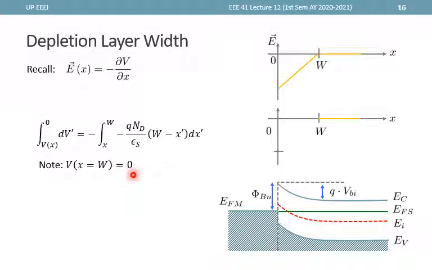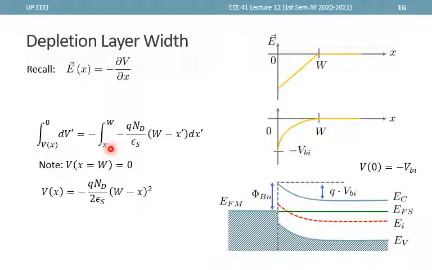Okay, so let's define that the voltage at x equal to W is equal to 0, and let's get the voltage function with that assumption.